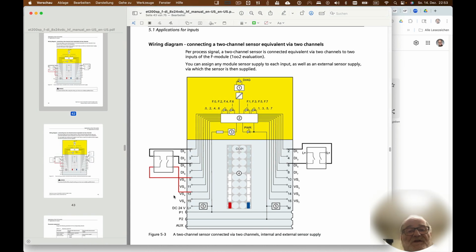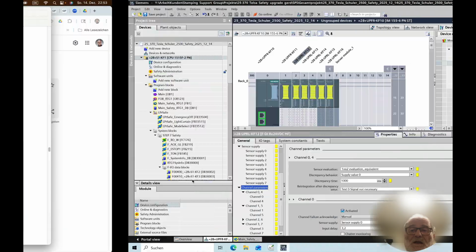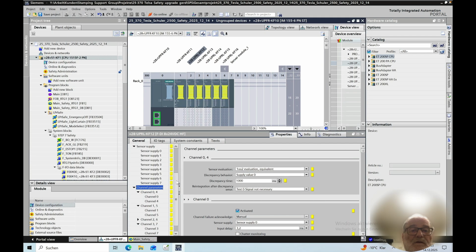So let's just assume that this is an e-stop where we want to monitor a short circuit also, and the parameter for that is the 1oo2 evaluation.